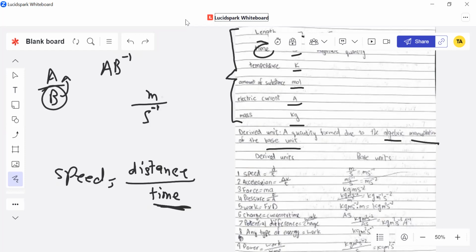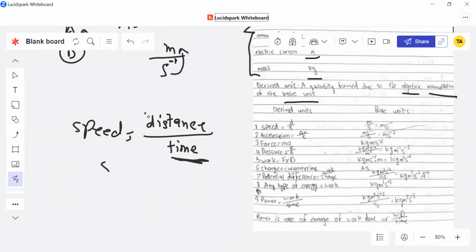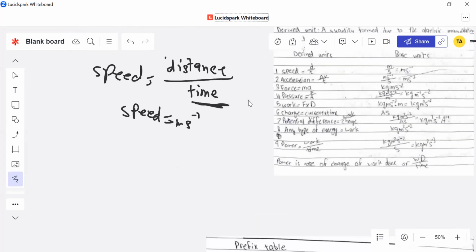So I have m over s^-1. I'll move this s upward, and what I get is speed is equal to ms^-1. This is confusing, but let's do some more examples and it will get clear.